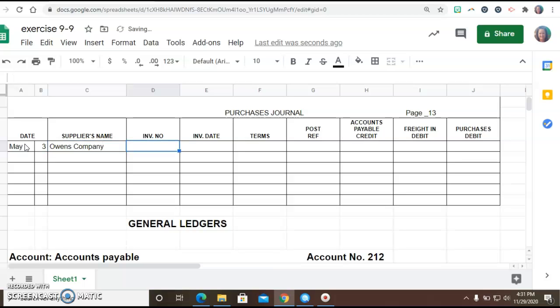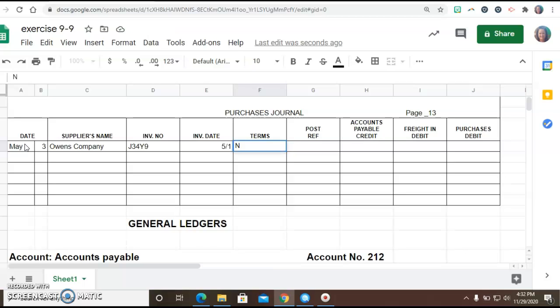We're going to use the invoice that was given to us, J34Y9. Our invoice was dated May 1st, and the reason we need the invoice date is because we have some terms here. They're telling us that our terms are net 15 days.